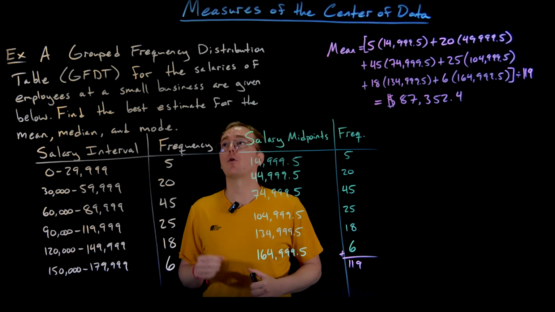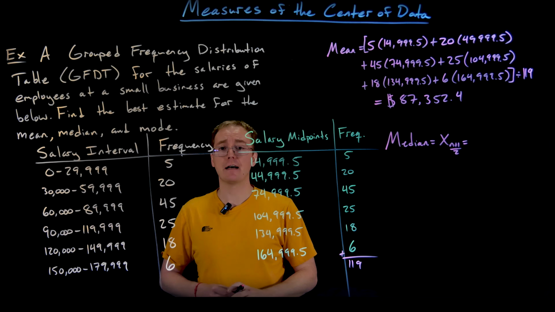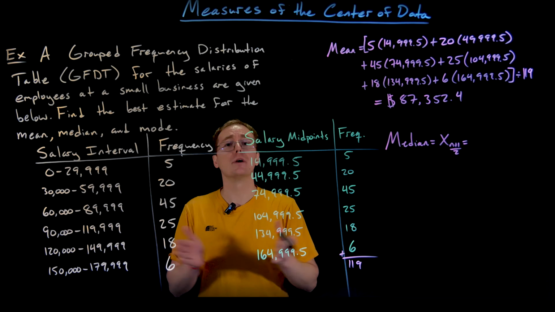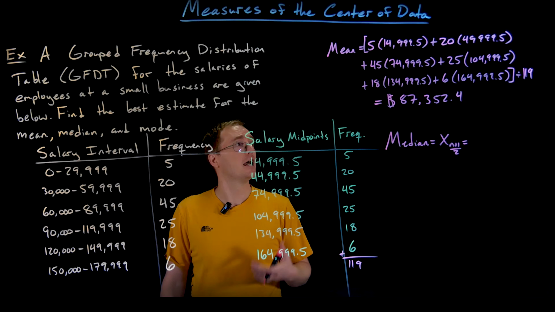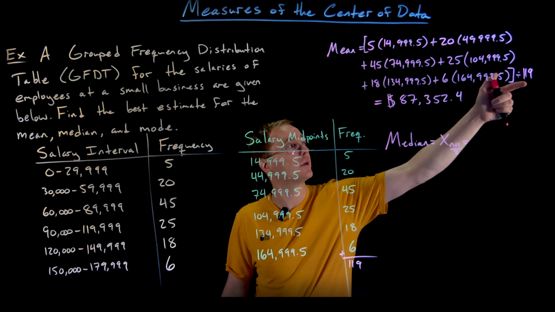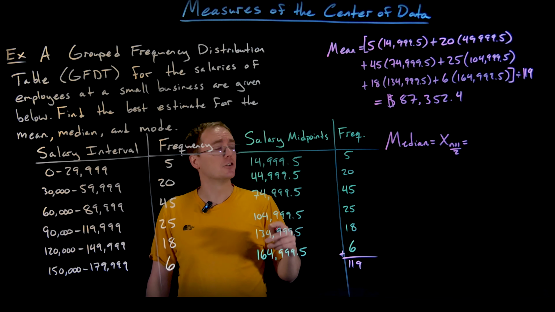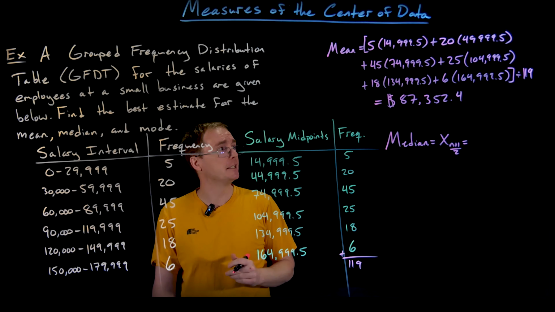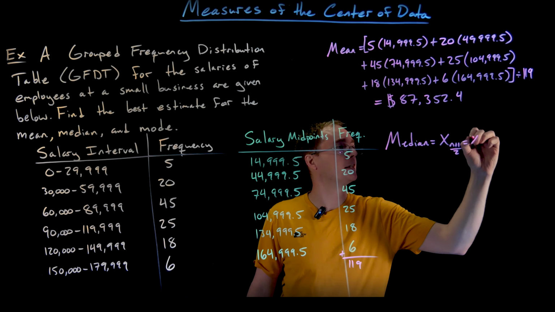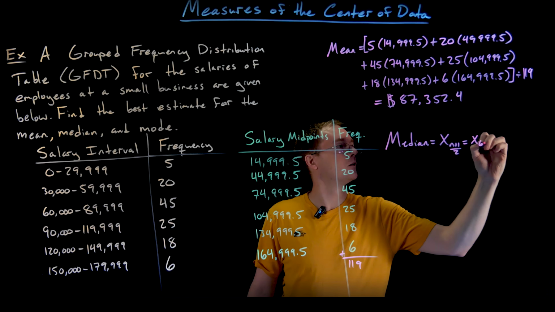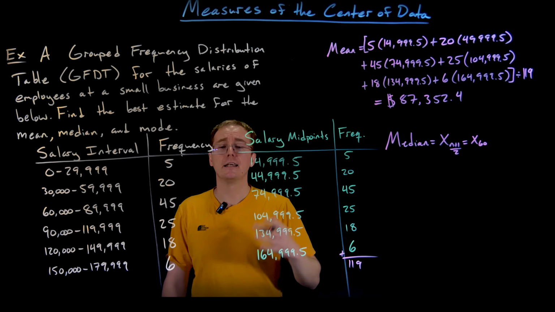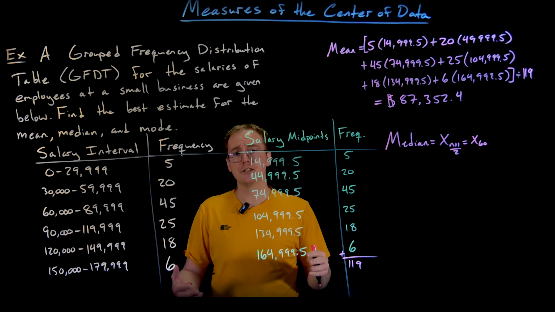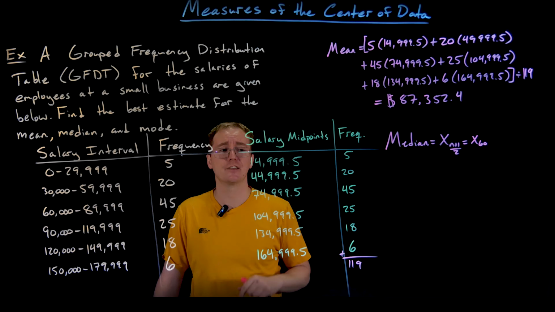All right, so next we want to make our best estimate, or our GFDT estimate, for the median and the mode. Remember, to find our median or middle data value point, we have to look at the (n+1)/2 data value when they're all written in order from least to greatest. And remember, our total number of data points or employees here was 119. So which data value represents the best estimate for the median? Well, it's going to be 120 over 2, which is the 60th employee in order from smallest to greatest. So which range or midpoint would correspond to the 60th employee?